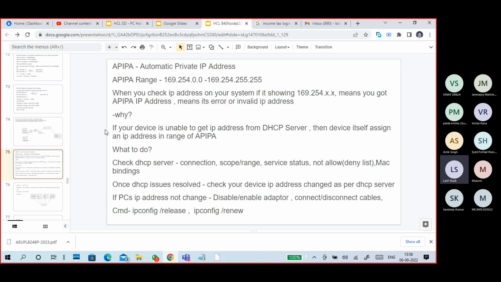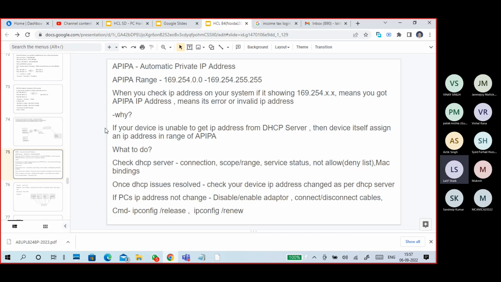How to troubleshoot? First, check the DHCP server, whether it is on, off, busy, or overloaded. These are all DHCP server checks. Physical connections you also have to check. Make sure the DHCP server is working.